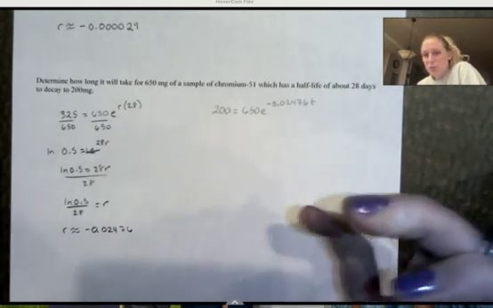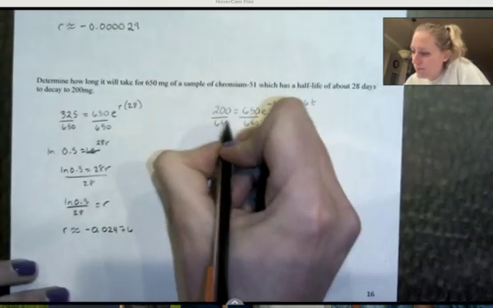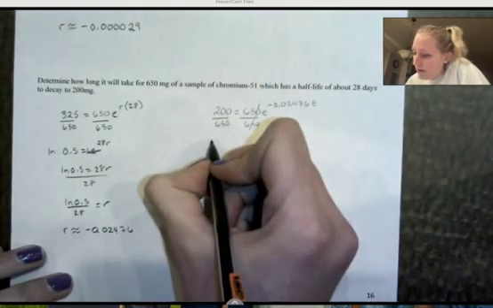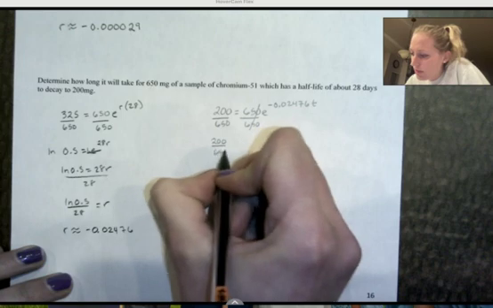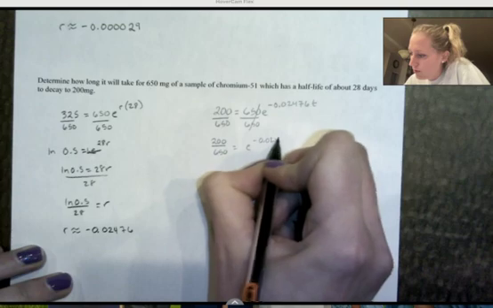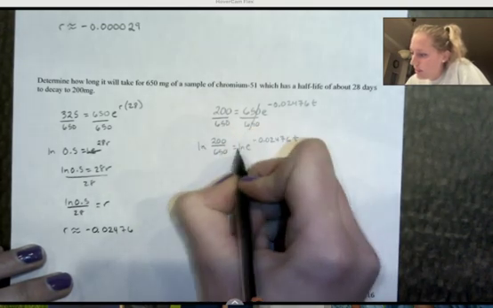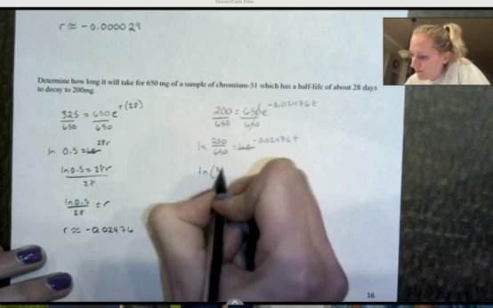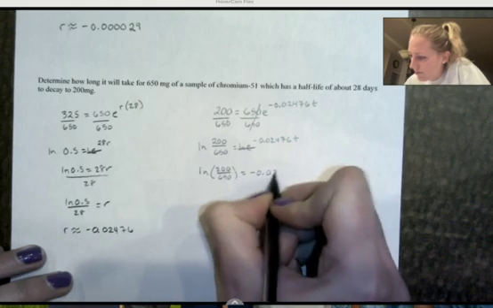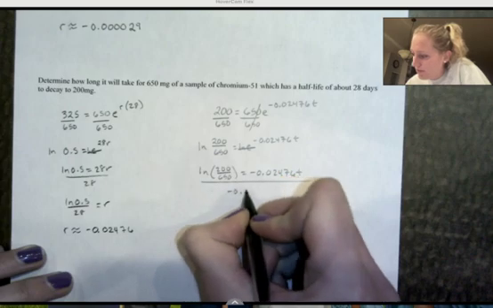So again, get the exponential piece by itself first, so divide by 650. Okay, I'm just going to leave it as a fraction for now. Okay, so I have 200 over 650 equals e to the negative 0.02476 t. Now I take the natural log to get rid of e. Okay, and then divide to get t by itself.